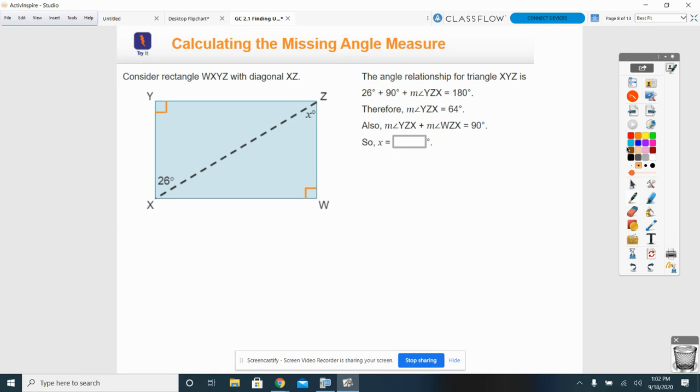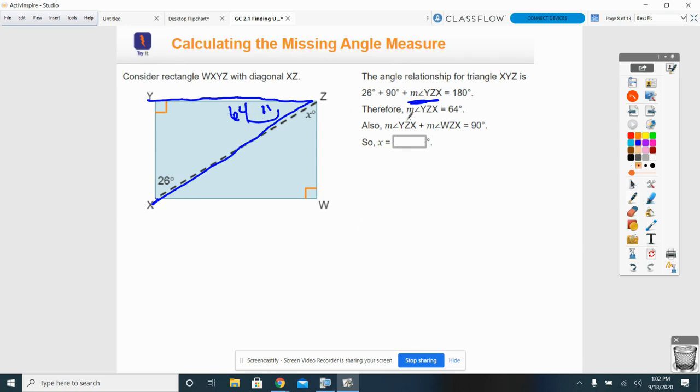So the same thing is here. They're taking a 26 plus 90 to get this angle, which they're calling YZX, the smiley face angle, Y to Z to X. That's what this means right here. And they got YZX equals 64.